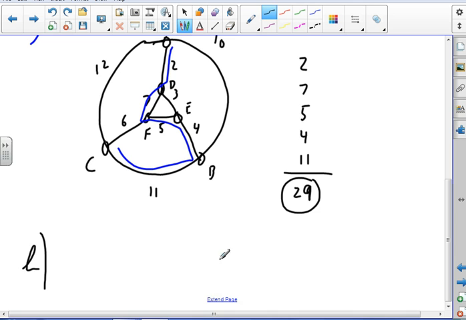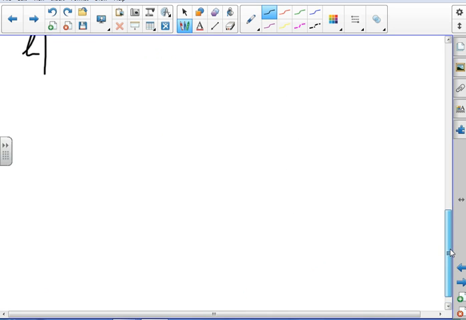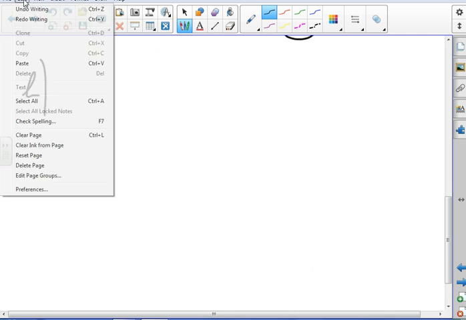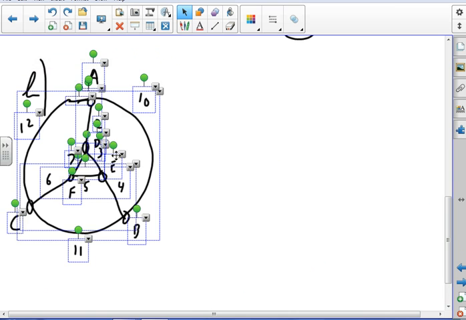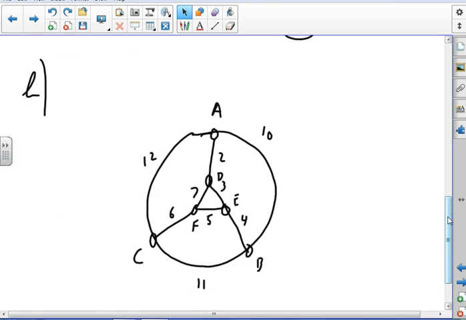B. Find a second one. Okay, so I want a different path than I had before. And of course, if I obscure the path I had, then you won't know whether or not I'm using the same one or not. So that'll be good. This time I'm going to do A, B. Oh yeah, I see it.